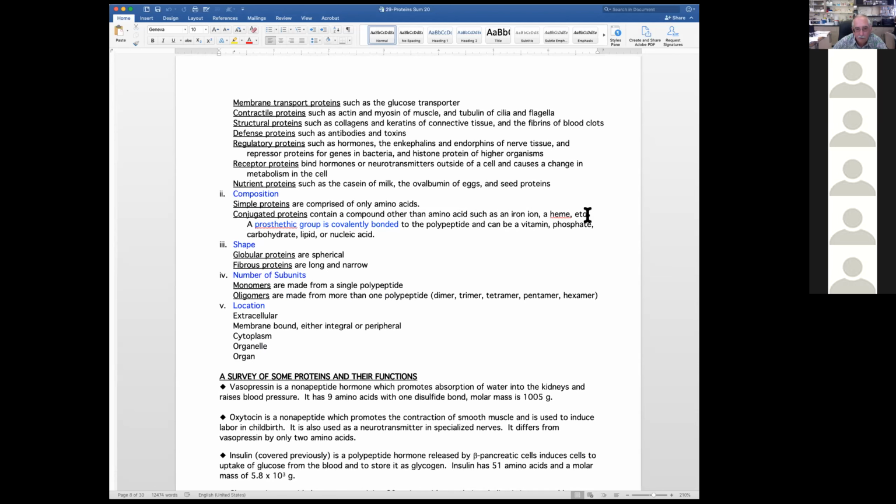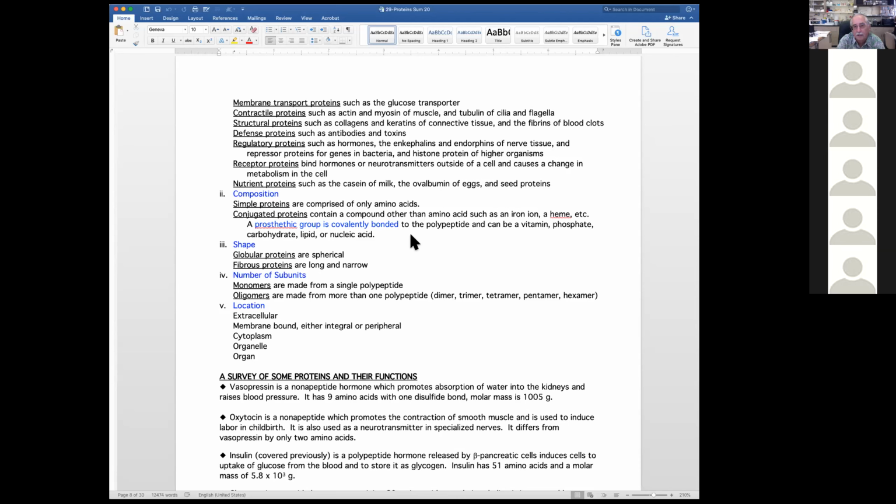It could be the heme group. And of conjugated proteins, we often use the word prosthetic group. A prosthetic group is something that is covalently bonded to the polypeptide. It could be a vitamin, a phosphate, carbohydrate, lipid, nucleic acid. It could be almost anything.